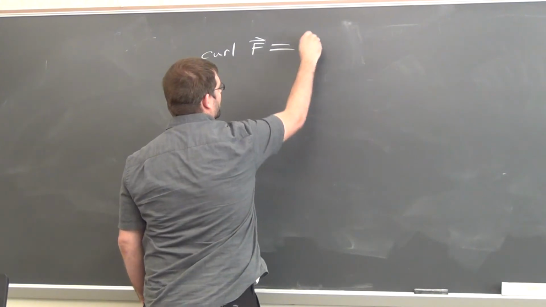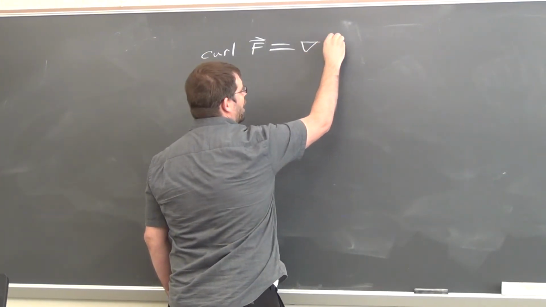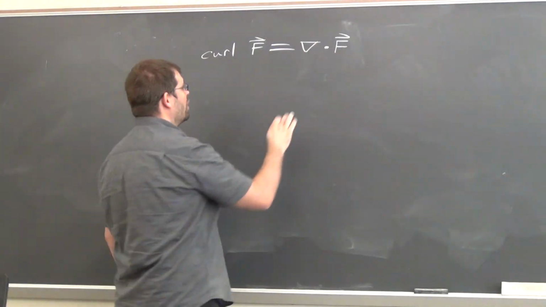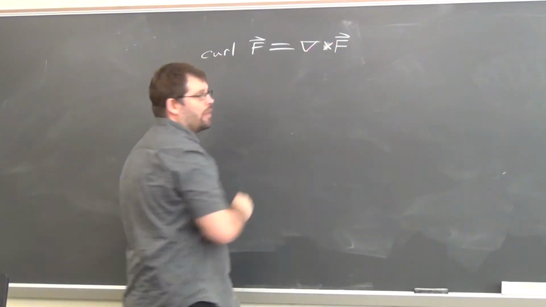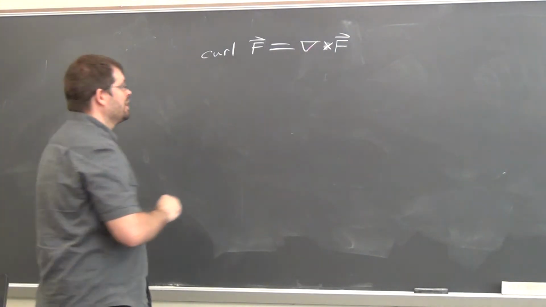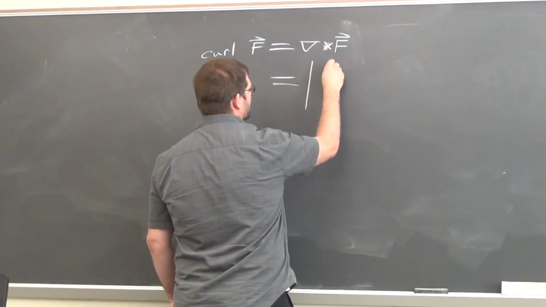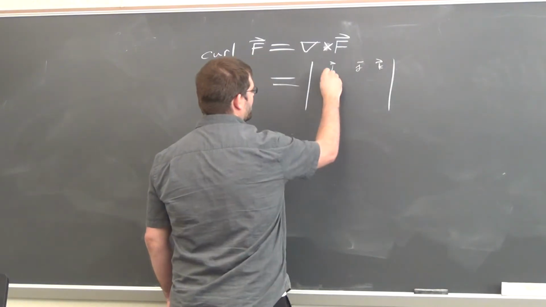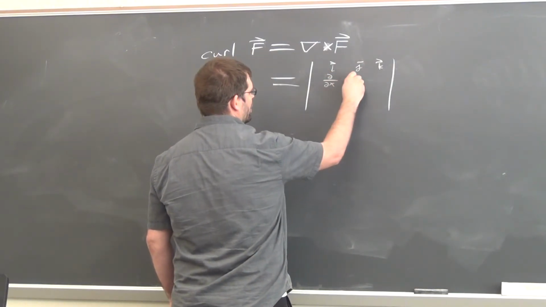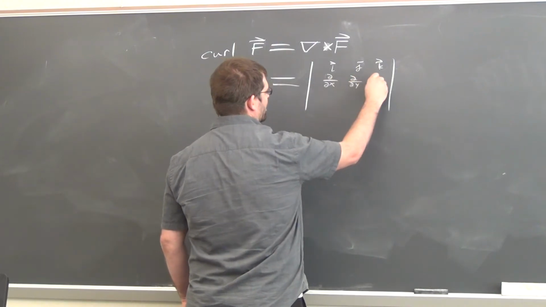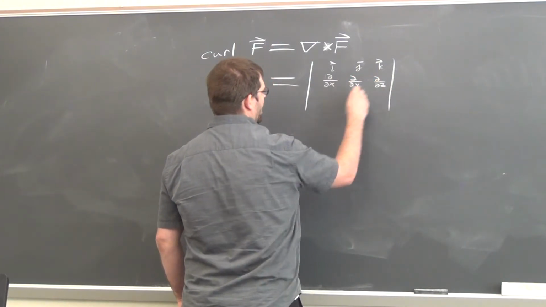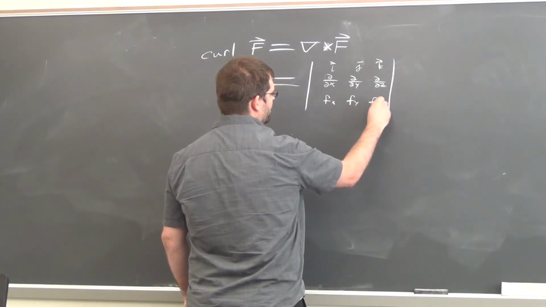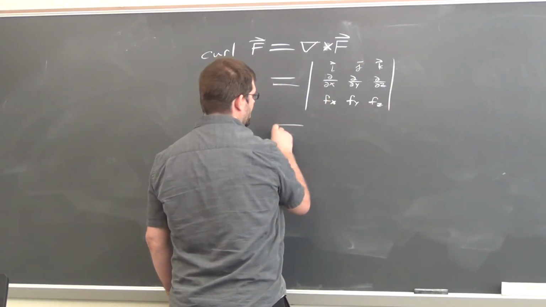So remember, curl was what? The del operator crossed with your function, right? And so what's that look like? I'll just do a reminder. So it's this operator: partial with respect to x, with respect to y, with respect to z. And then we plug in our function f sub x, f sub y, f sub z.